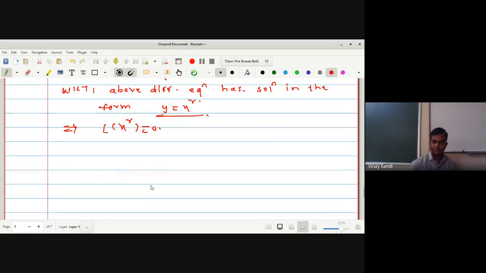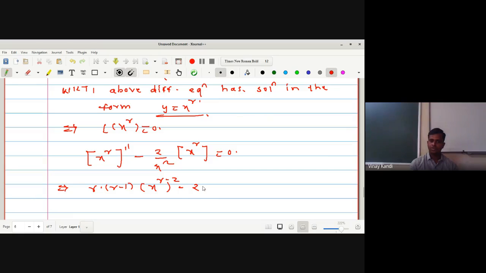Okay, it implies x raised to r bracket raised to double dash minus 2 upon x square into x raised to r is equal to 0, which implies r into r minus 1 into x raised to r minus 2, which is equal to 0.